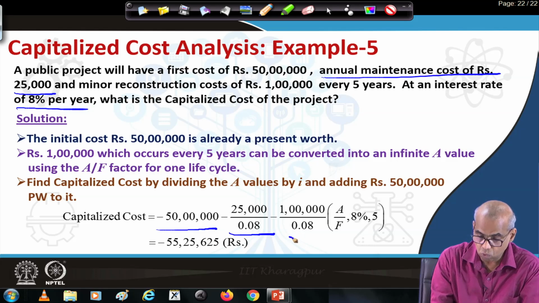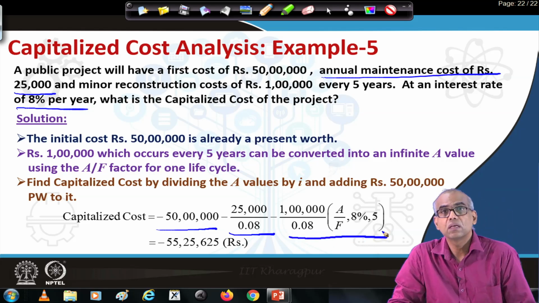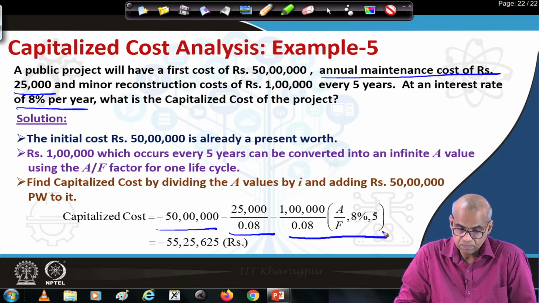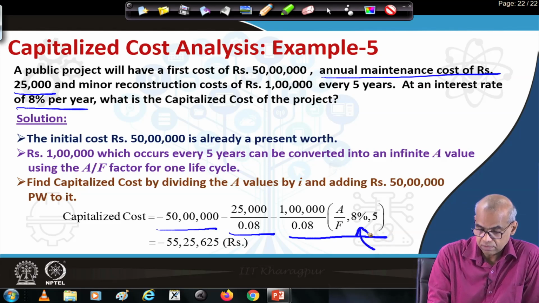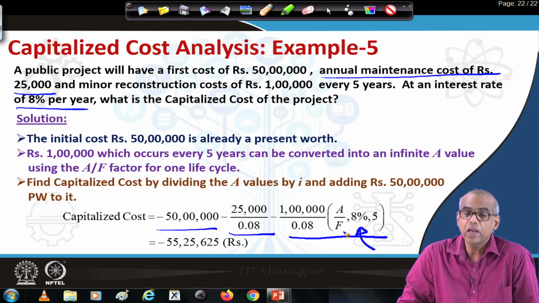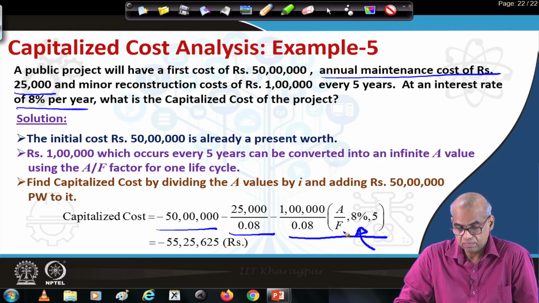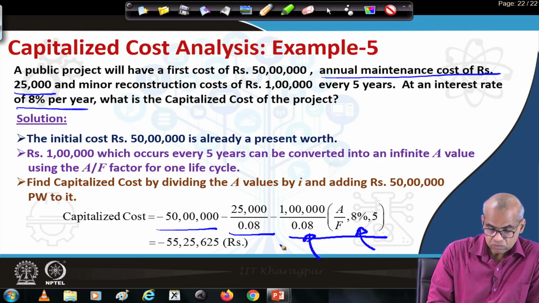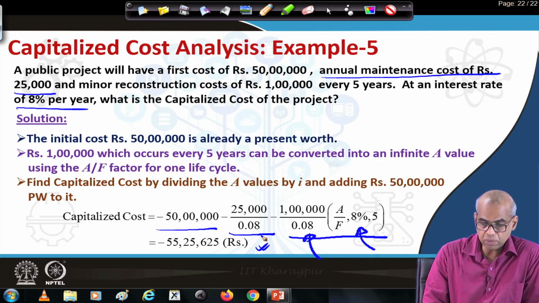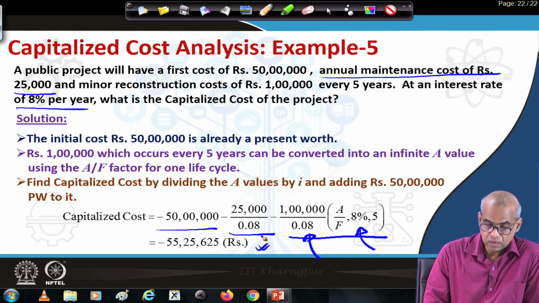And then this 1 lakh rupees which happens every 5 years with interest rate 8%, so annualize it. Find out A using the A by F factor which runs for 5 years with interest rate 8%. Once you compute that, divide that by I equal to 0.08. So, this gives you the capitalized cost of the project which is 55 lakhs 25,625 rupees.